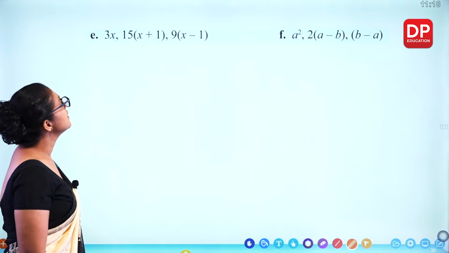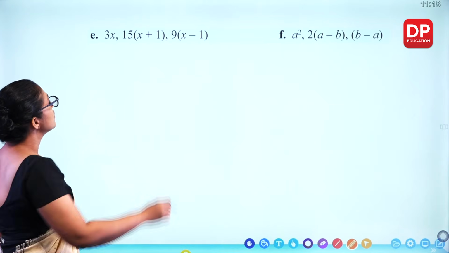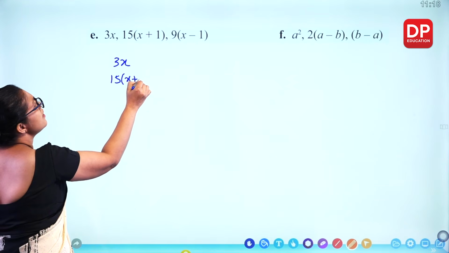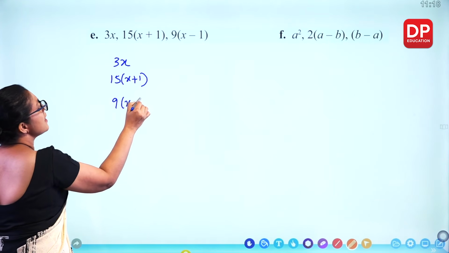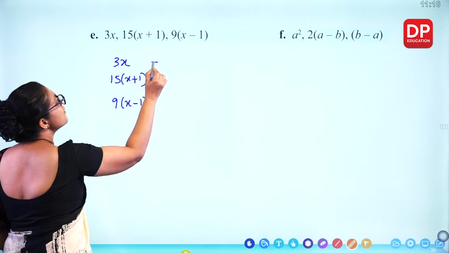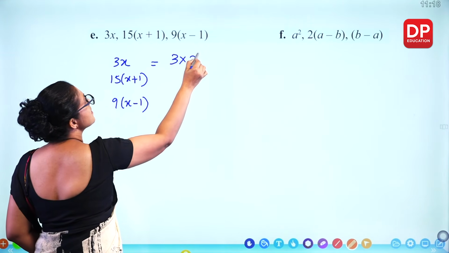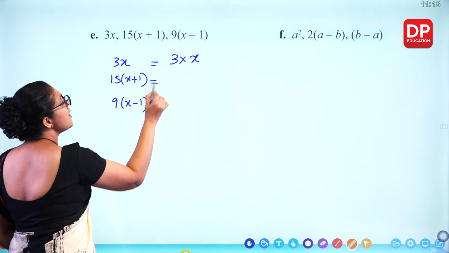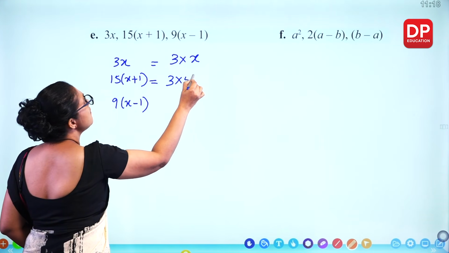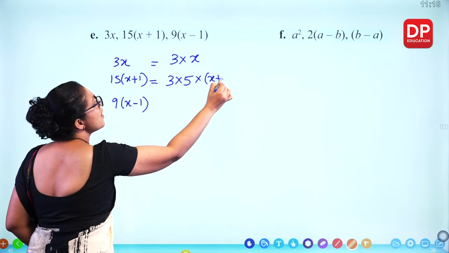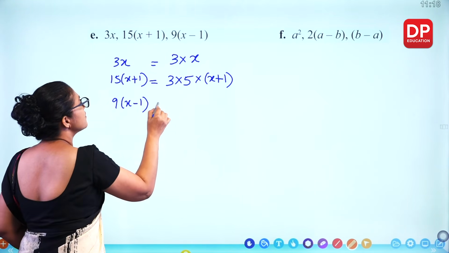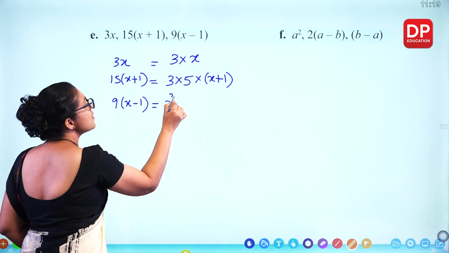Now we'll look at this expression. So you get 3x, 15x plus 1, 9x minus 1. So we'll write down with prime factors 3 times x. 15, how can I write? 3 times 5. So 3 times 5 into x plus 1. What about 9? 3 times 3. That means 3 squared.